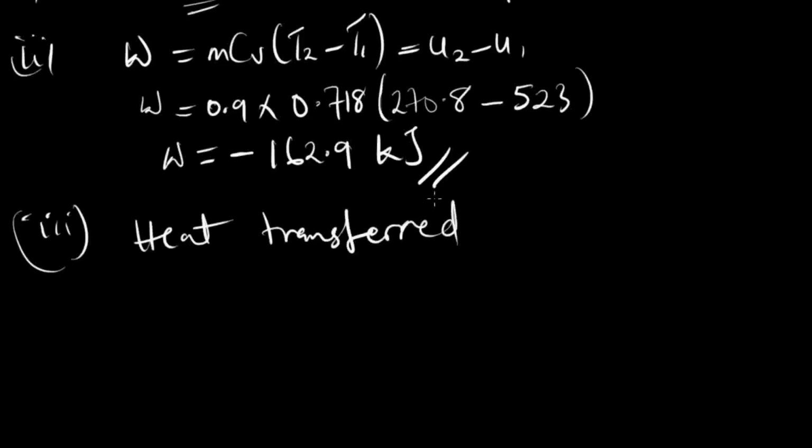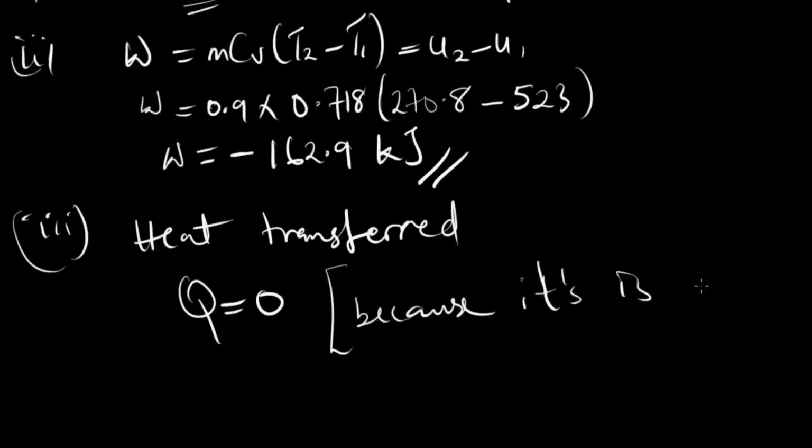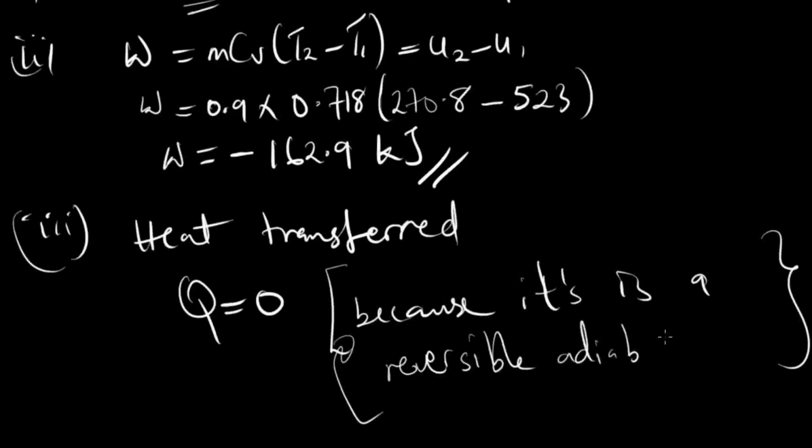This is an isentropic process, so heat is 0 because it is a reversible adiabatic process.